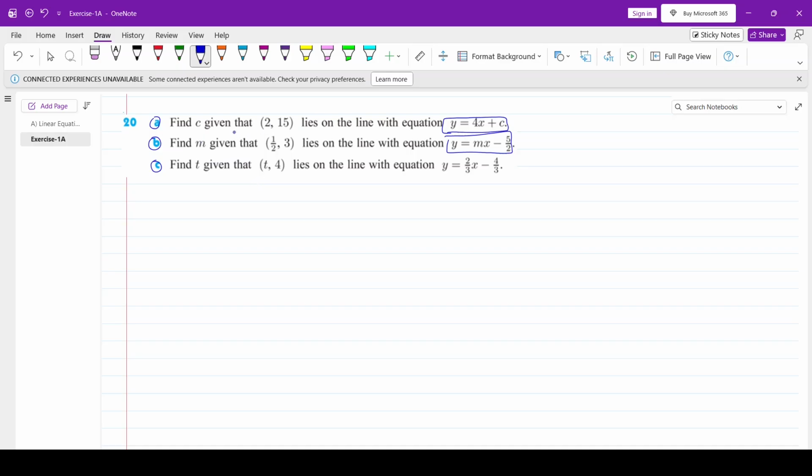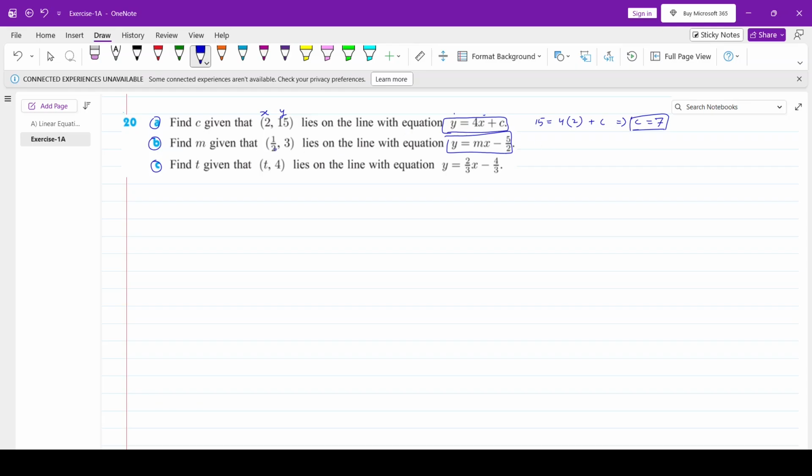So if the point 2 comma 15 lies on this equation, this 2 is x, this 15 is y. If we substitute the value of x and y, we get 15 is equal to 4 times 2 plus c, and we can find c is equal to 15 minus 8, that is 7.